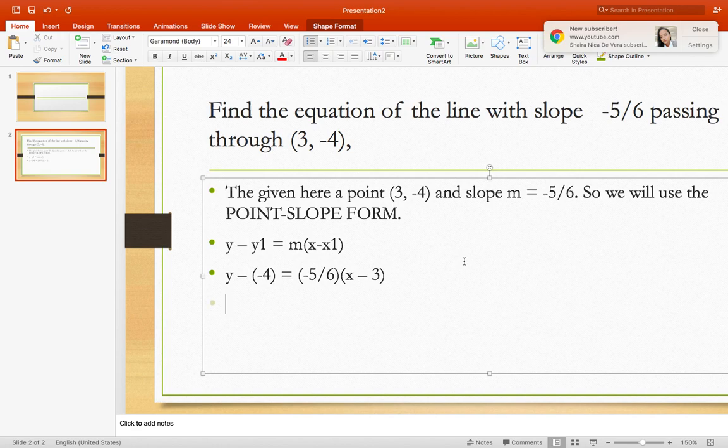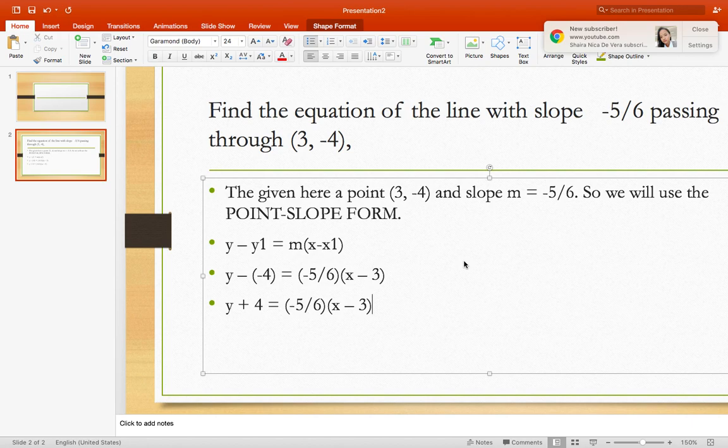So simplifying further, you will have y, negative times negative 4 is plus 4, is equal to negative 5 over 6 times the quantity x minus 3.